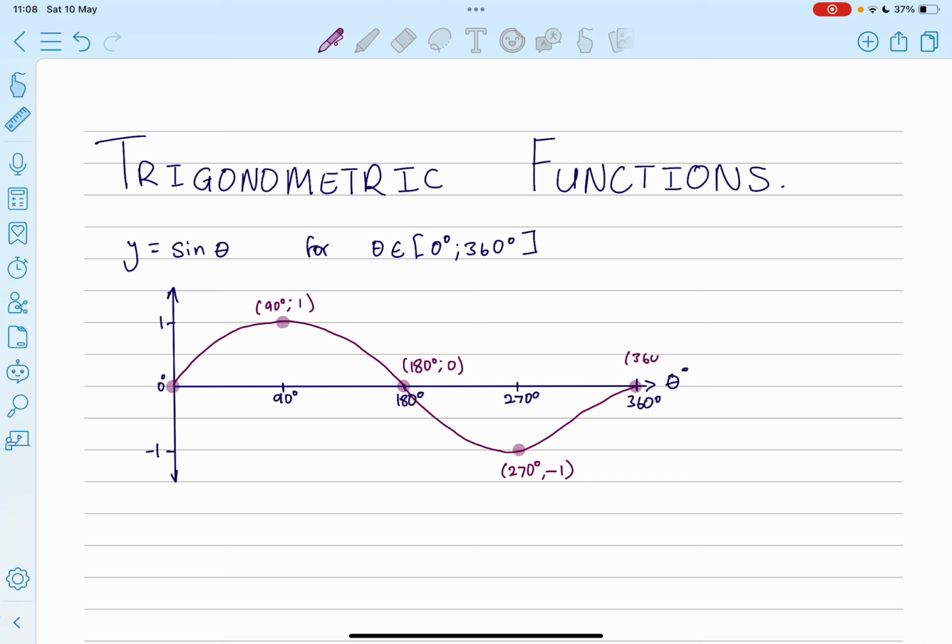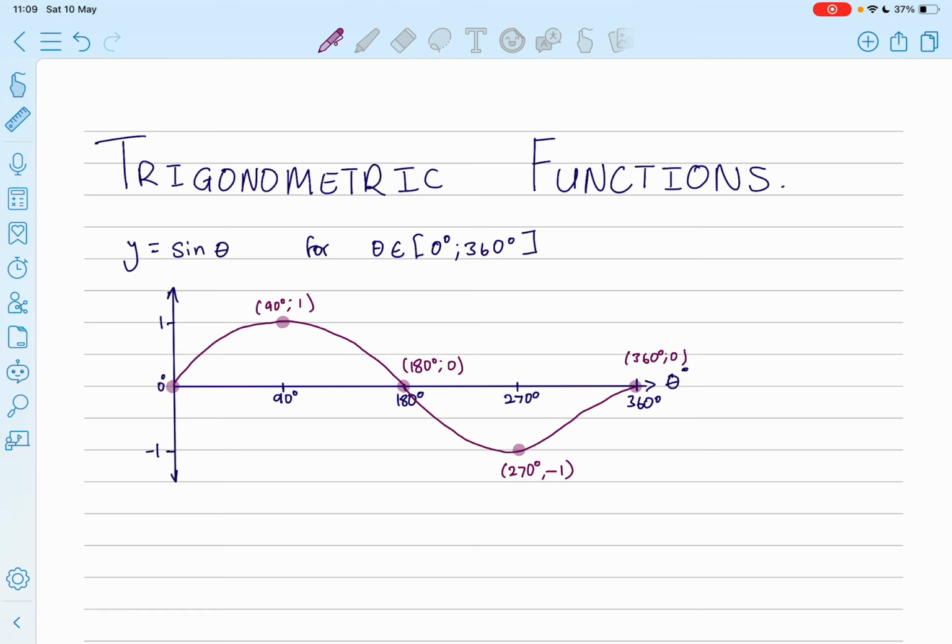And then back at 360 where y is 0. If you can remember these key coordinates, you'll be able to plot the graph of sine. It is very helpful when you are looking at a sine graph that has shifting with different parameters. We will look at that in the next video.